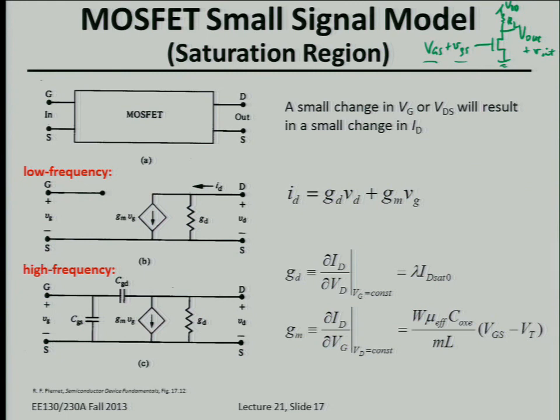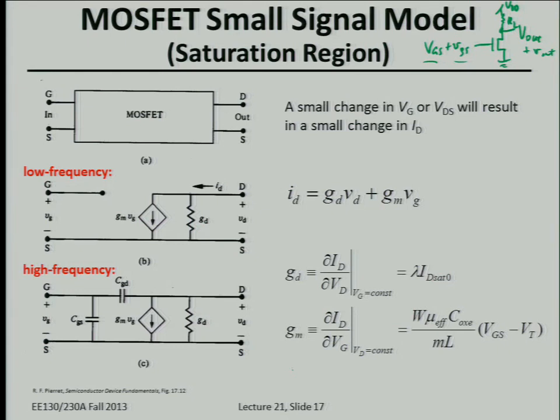Okay? So the small signal model of a MOSFET, and usually when we use a transistor as an amplifier, we are operating the transistor in the saturation region. Okay, so that's important. For digital logic, you're switching through the linear, saturation and off-state regions. But for amplifiers, most of them operate with the transistor in the saturation region.